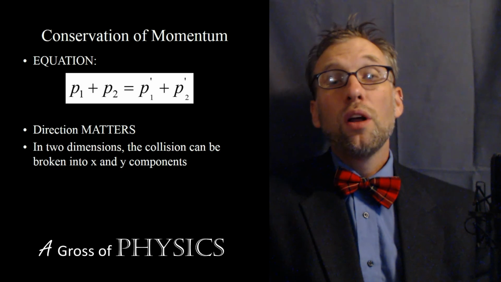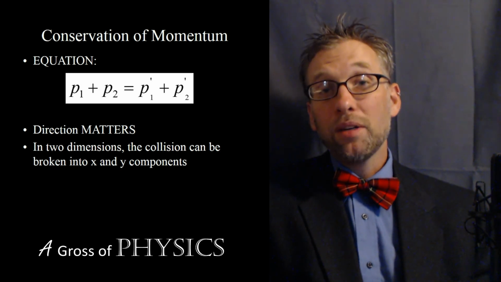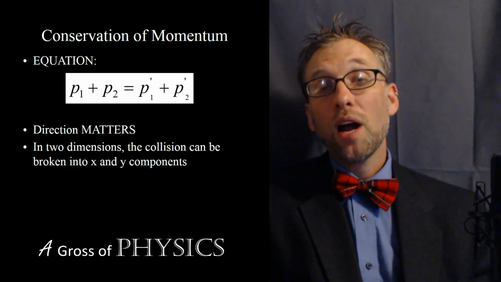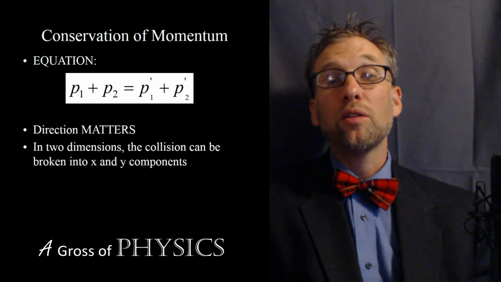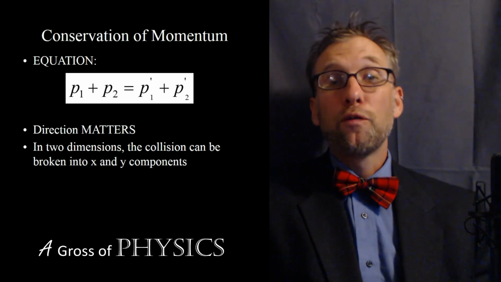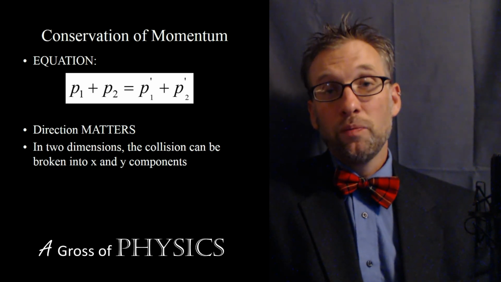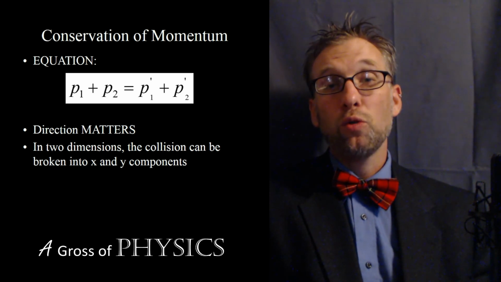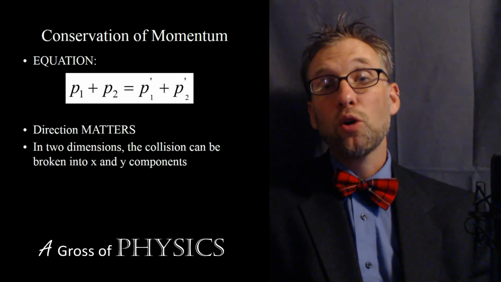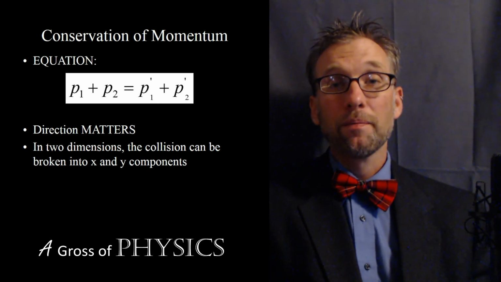So I'll just do P1 prime plus P2 prime to represent the final momenta. Before, I won't have any prime. So it'll be P1 plus P2 equals P1 prime plus P2 prime. That's our simplified equation for conservation of momentum.